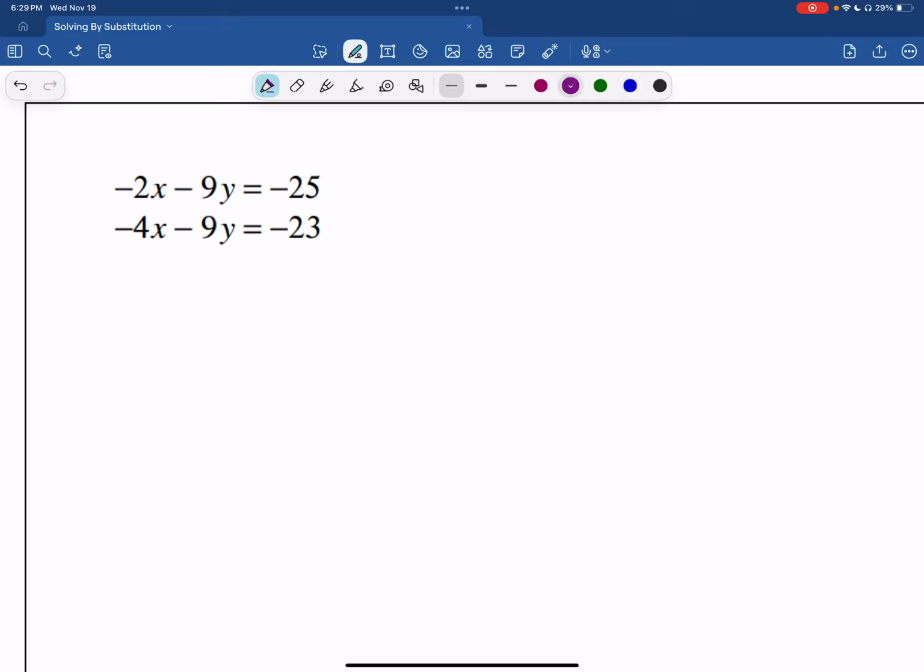So to do that, we just multiply the second equation by -1, and then we distribute. -1 times -4x is +4x. -1 times -9y is +9y. And -1 times -23 is +23.